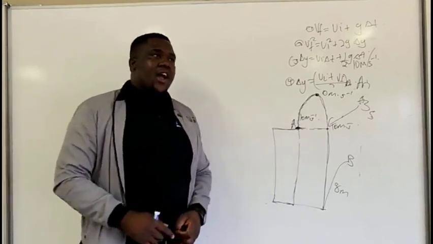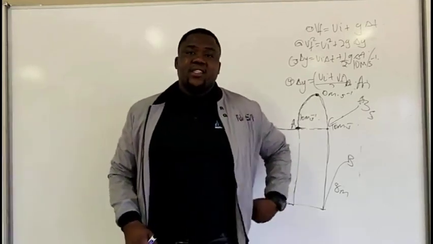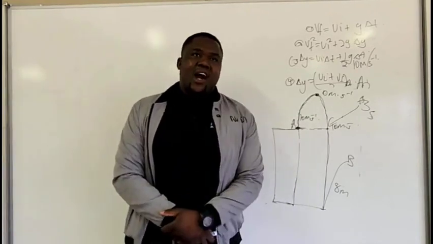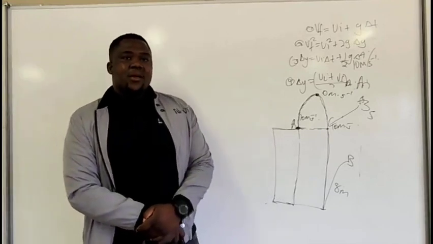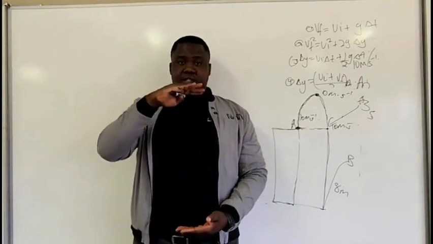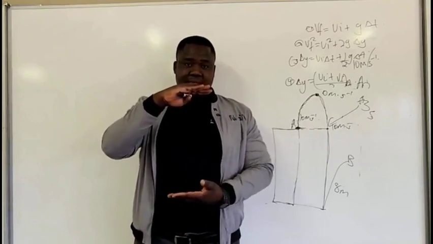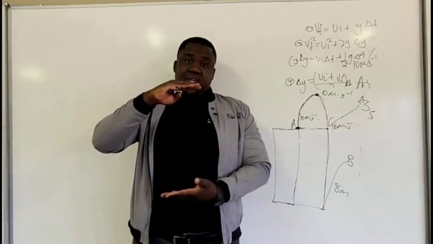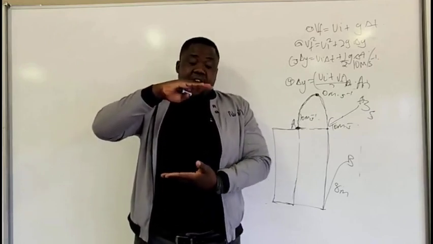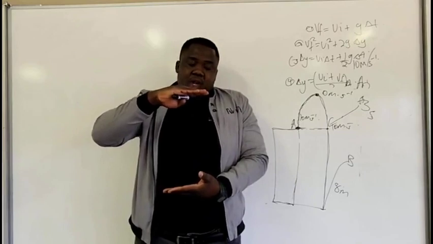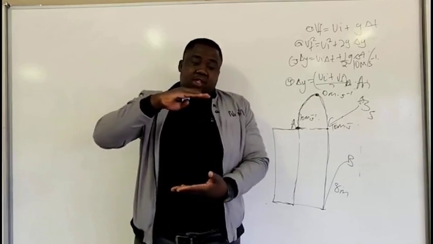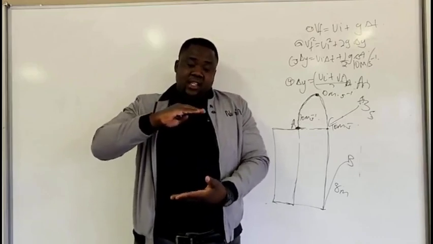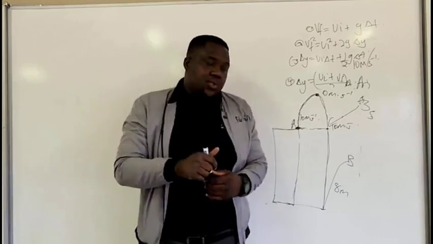I have always said to you that the only thing which will make us able to calculate the height is if we have the initial velocity and the final velocity. These will give us the ability to calculate anything between them. We will never be able to calculate anything if we were not given either of the two.